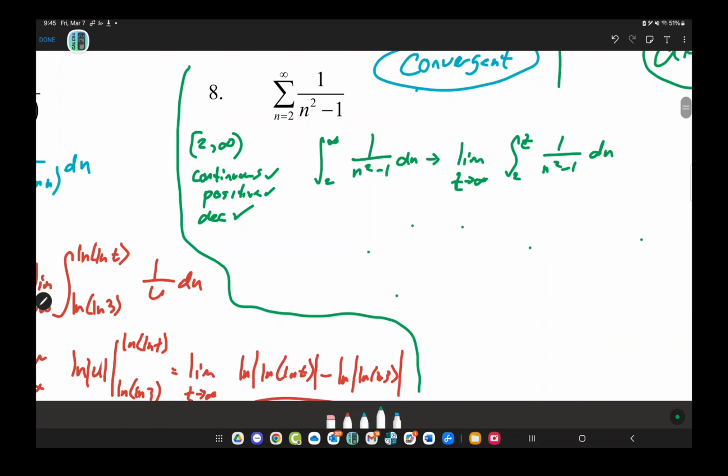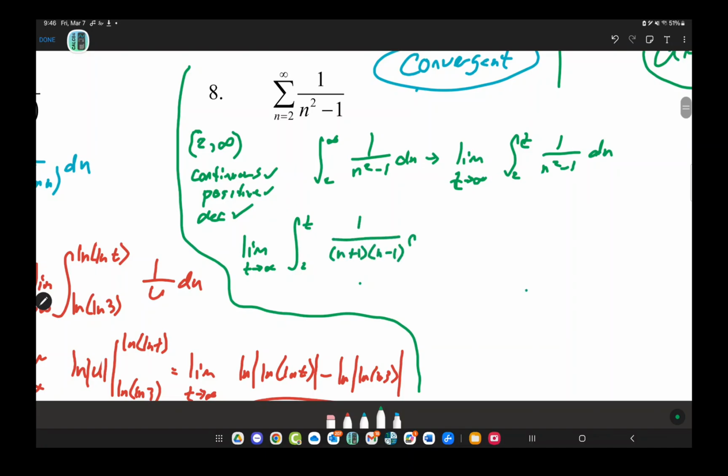Well, wouldn't that work? This will not be that. But wait, why wouldn't it work? What if we write this as the limit as t goes to infinity, integral up to t of 1 over n plus 1 and n minus 1?